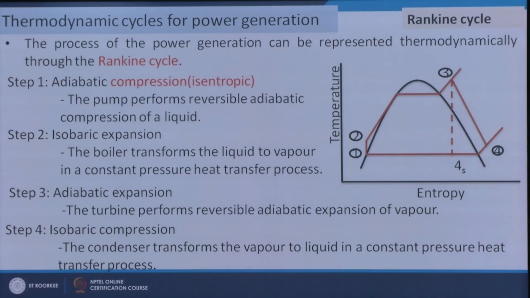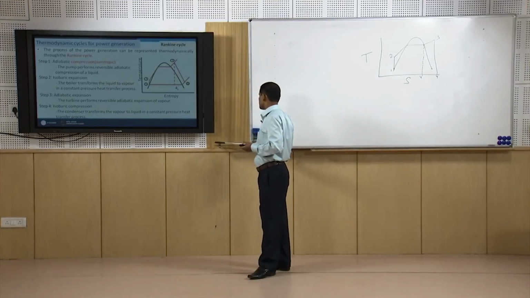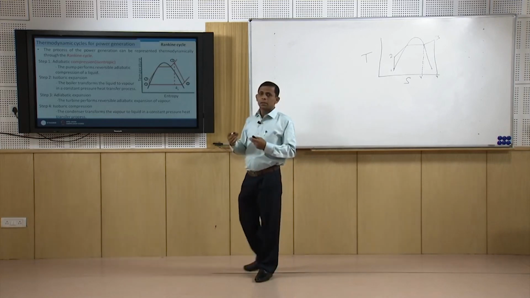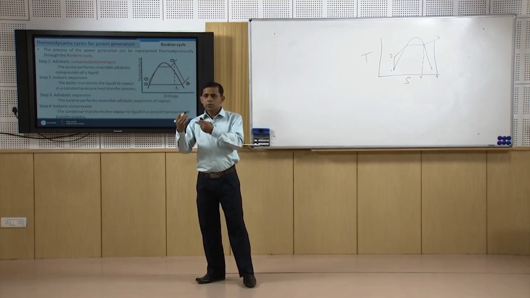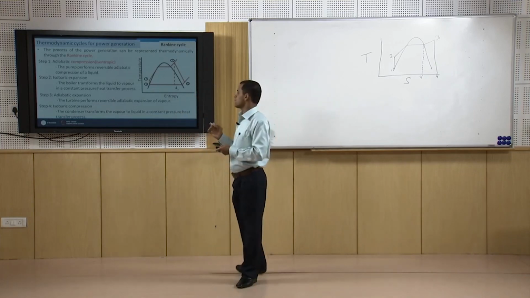Now, in ideal condition this should be a vertical line so that the losses will be less, but in reality this does not happen. And the fourth step is the condenser, which transforms the vapor to liquid in a constant pressure heat transfer process. That means, after the electricity production in the turbine, the exhaust from the turbine is steam, which is condensed, and the condensed water is recycled back.